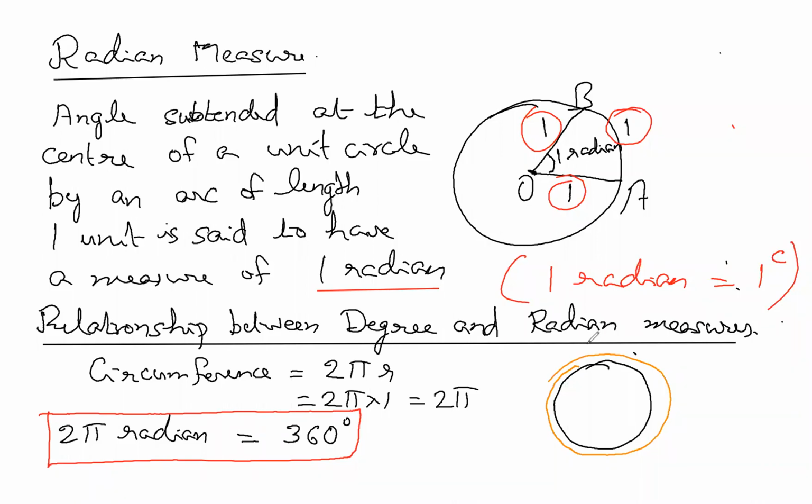It is the circumference of the unit circle, which means the radius is 1 unit. So when you take a full rotation, you can see a complete rotation. The degree measure is 360 degrees. So 2 pi radian is equal to how much? 360 degrees. Did all of you understand this? Please write this in your notebook. 2 pi radian is equal to 360 degrees.